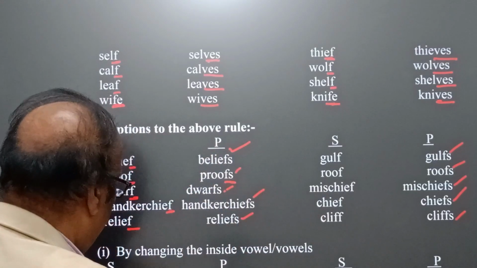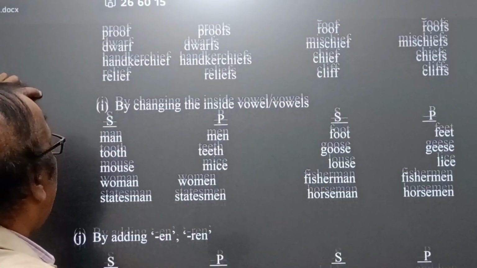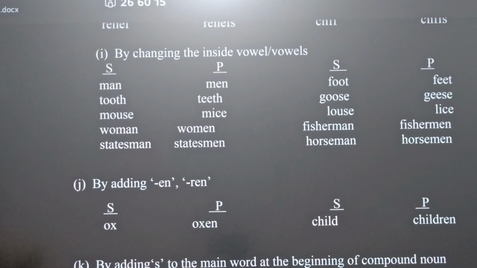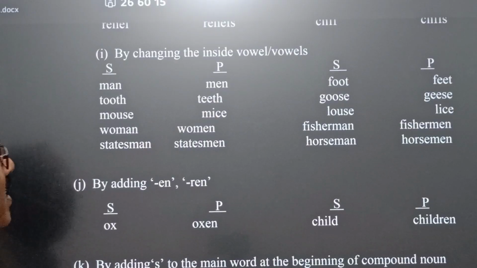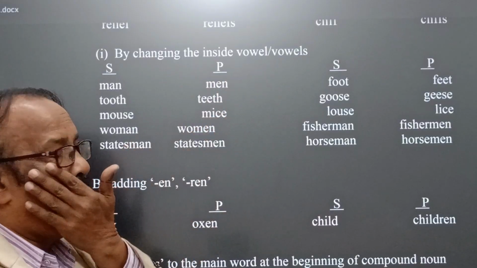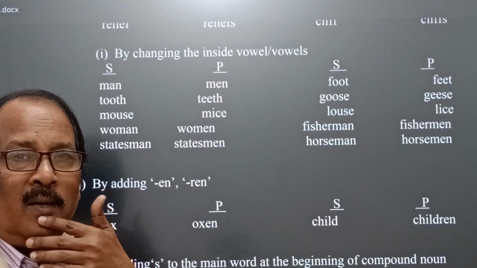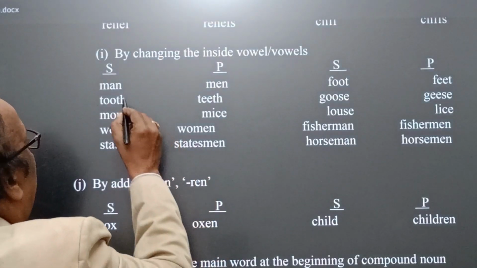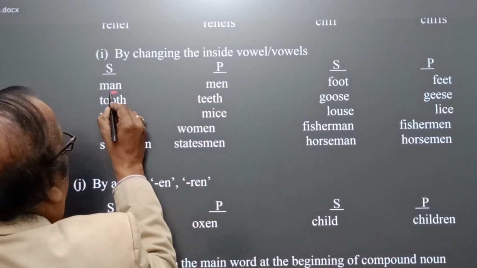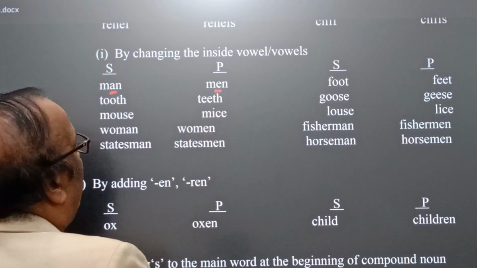Next comes the other idea, changing the inside vowels. This is also another very interesting factor, how by changing the inside vowels we make plural. Listen. Man, men. You see, just change here a to e.